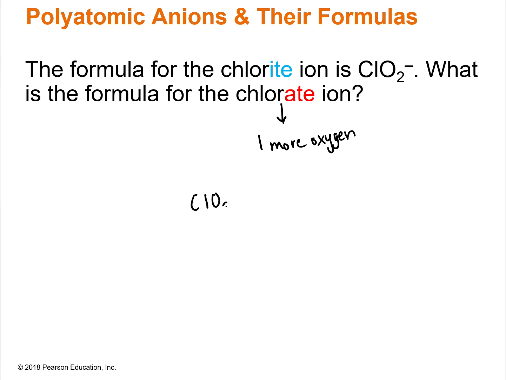So it'll be ClO3 minus, and it has the same charge. So if you could answer that question, then you understand the difference between ATE and ITE when it comes to oxyanions. Are we good on that topic?